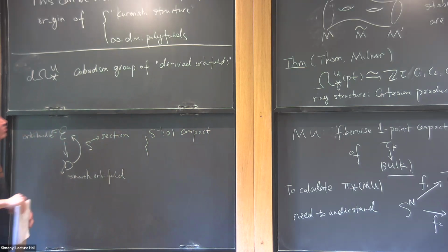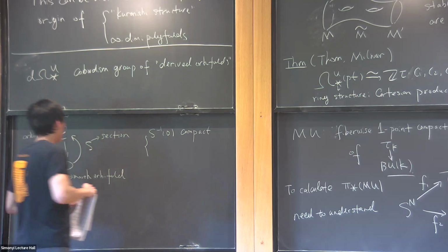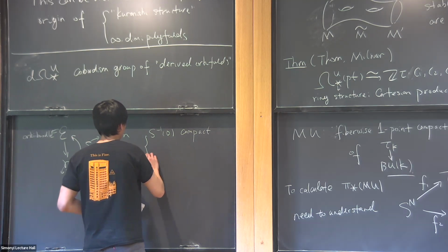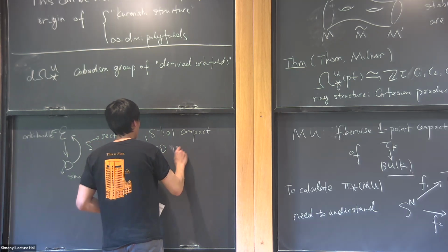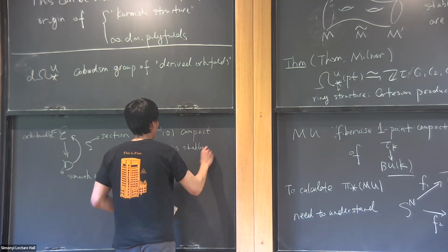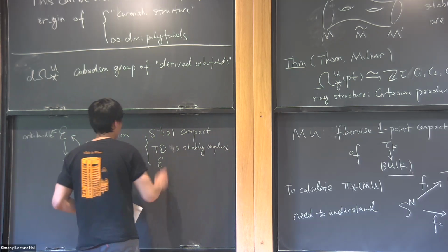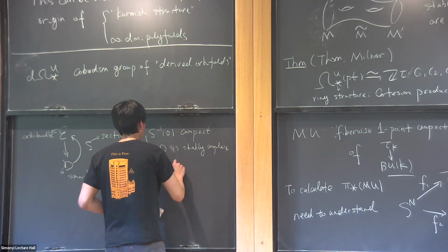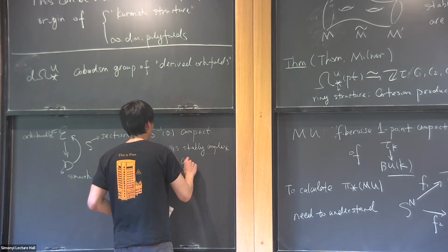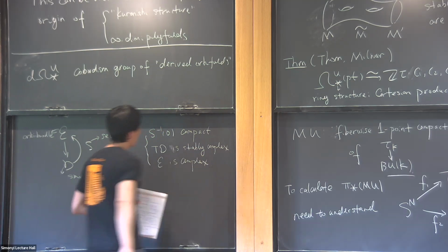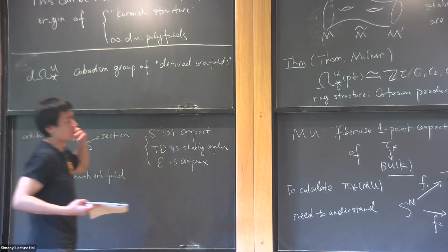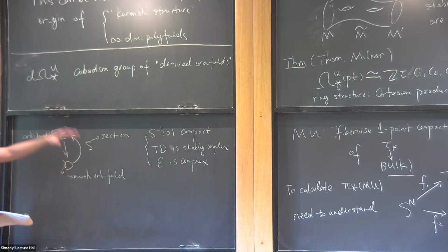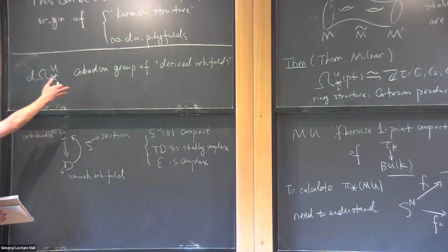And for the analog of stable complex structure, we require that the tangent bundle is stable complex, and this vector bundle E, usually called the obstruction bundle, is also a complex vector bundle. So we consider not only manifolds, but orbifolds with vector bundles together with a section, and they are elements in this cobordism group.